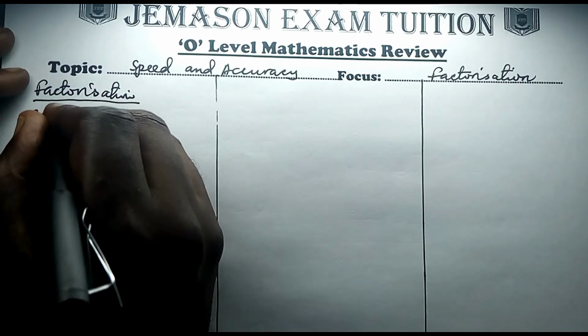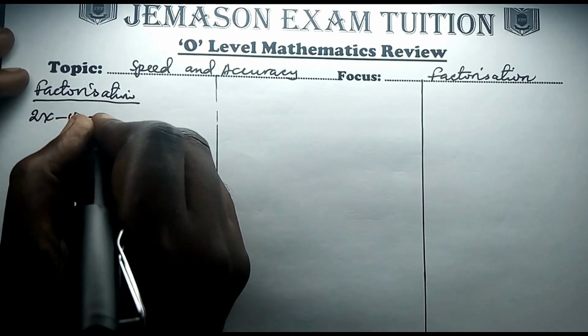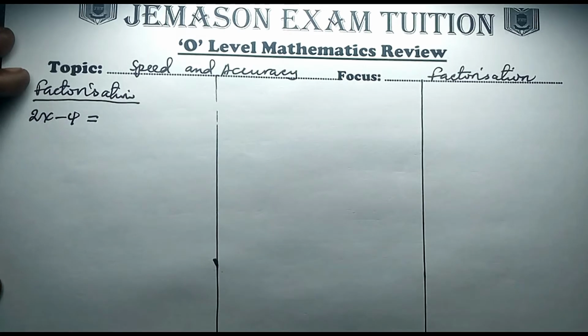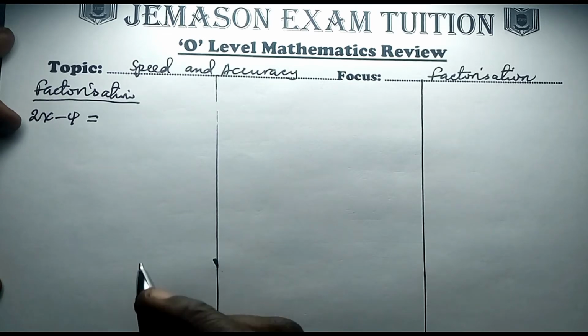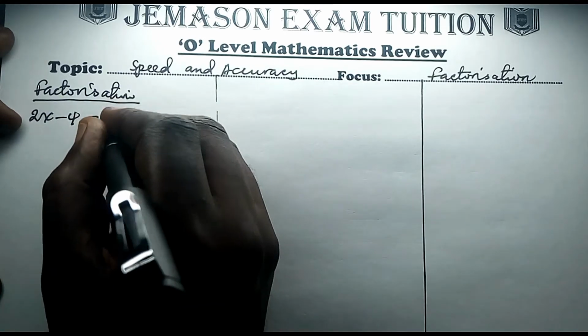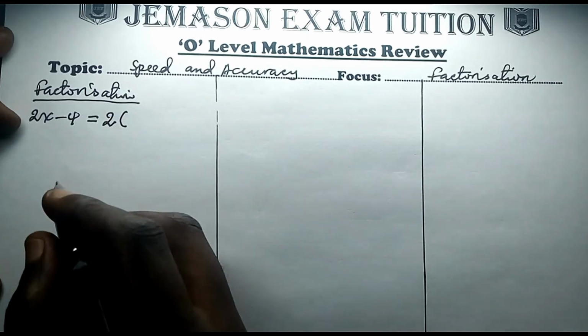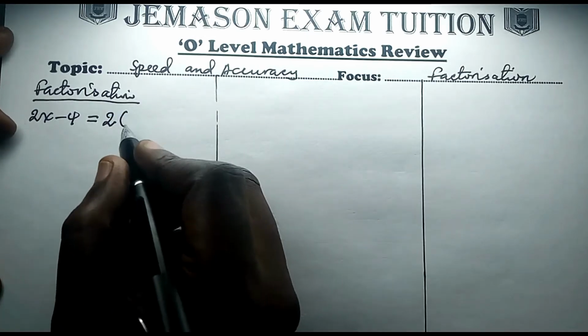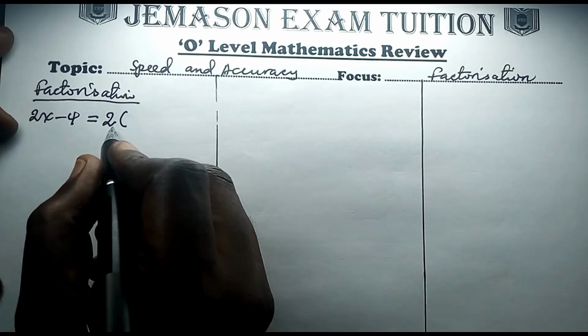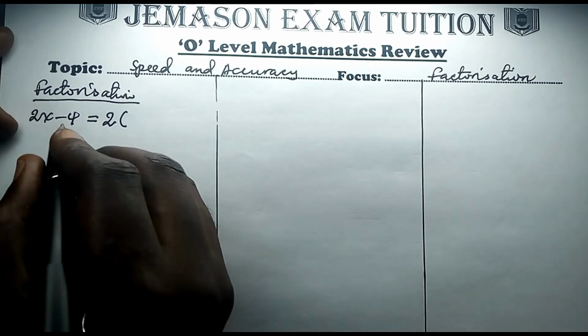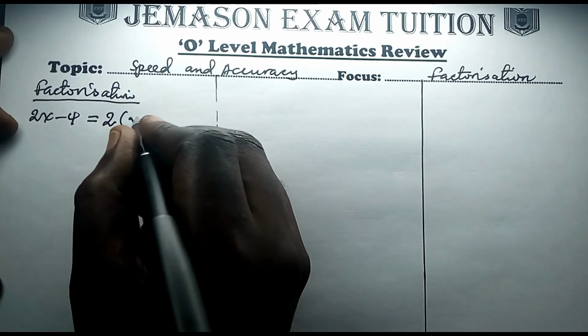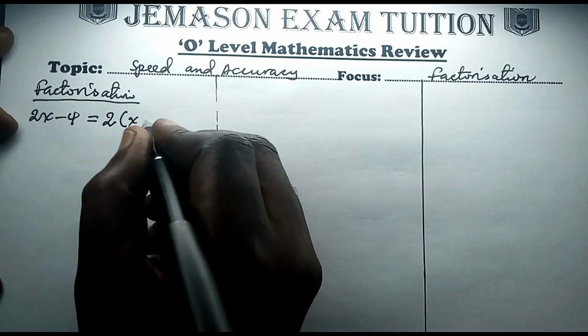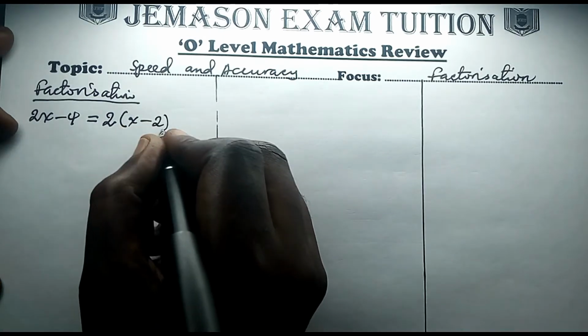If I had 2x minus 4, a simple case, and I need to factorize at some point when I'm solving a problem, it simply means I should take out the common factor, which is 2, and to get what I will write in the bracket, I simply divide every term by the common factor. So 2x divided by 2 gives me x, and negative 4 divided by 2 gives negative 2.